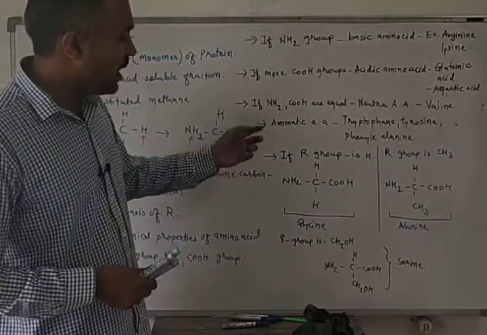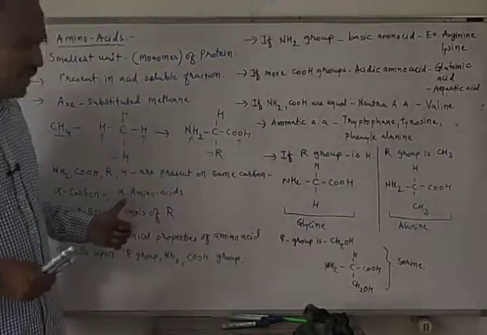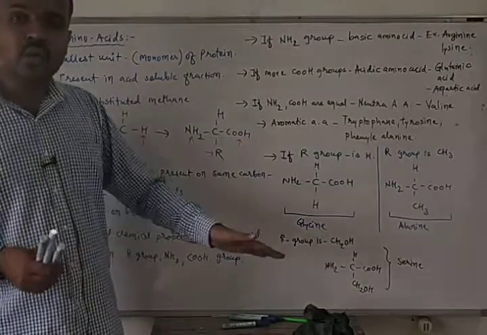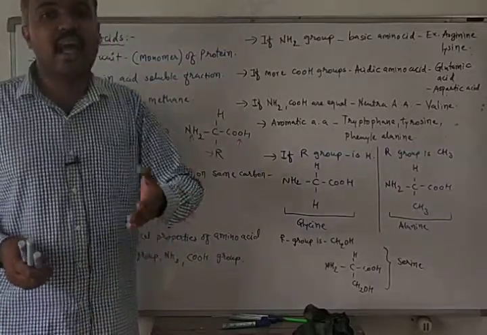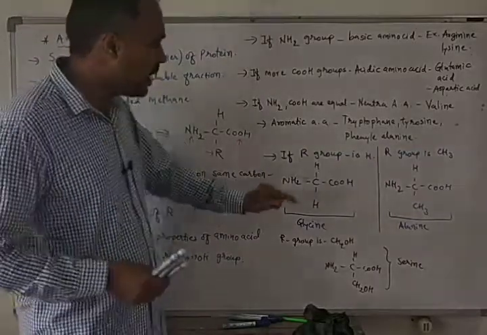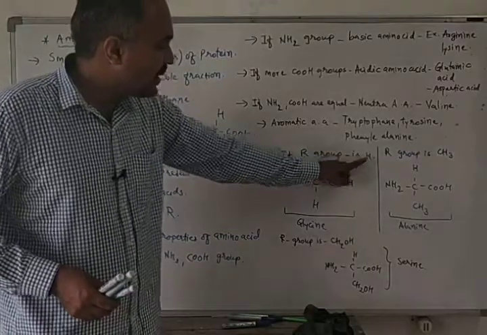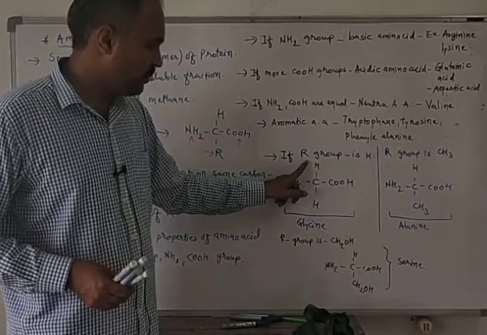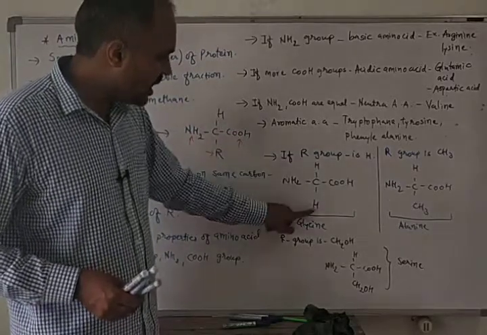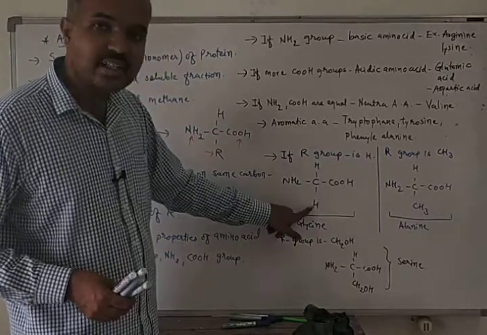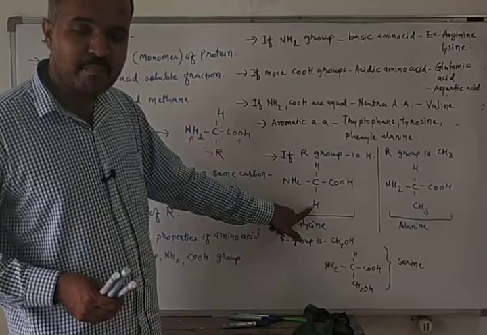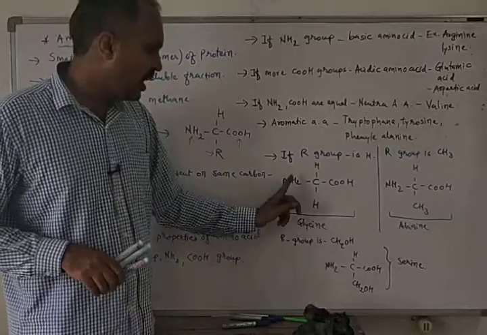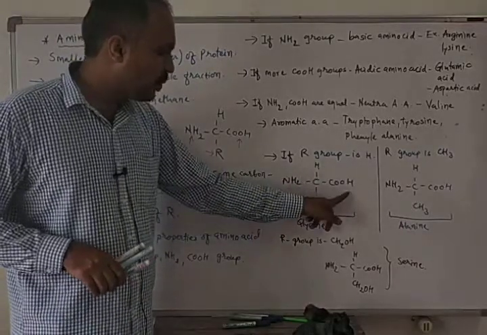Now we have said in the previous part that the type of the amino acid is based on the type of the R group. For example, if hydrogen is present as the R group, like this, here hydrogen is present in place of R. This part is the same: amino group, carboxyl group and hydrogen.